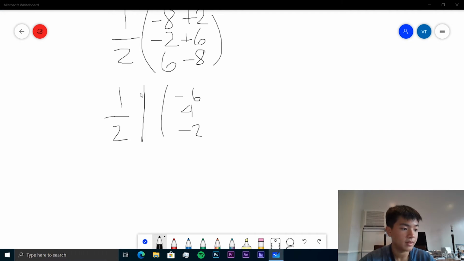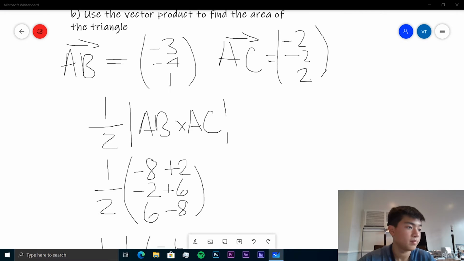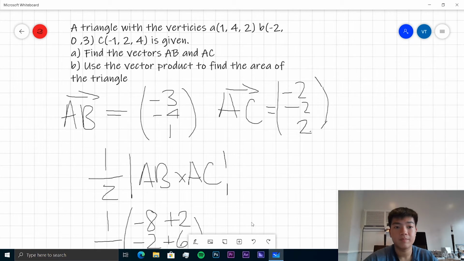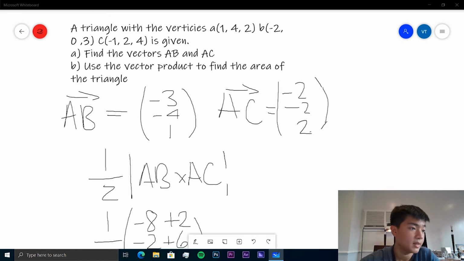So, hold up. Did I copy down a vector wrong? 1, 4, 2, -2, 0, 3, -1, 2, 4. -3, 4, 1, -2, 2, 2.